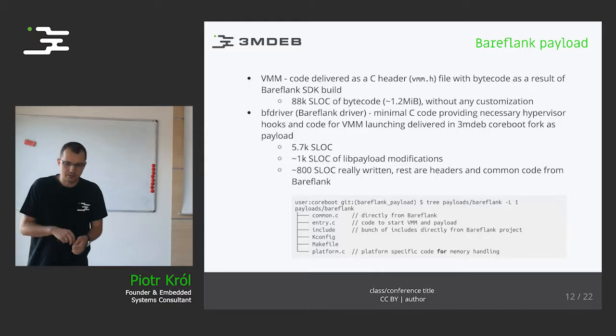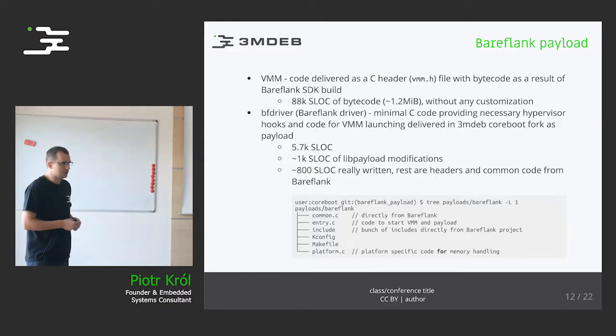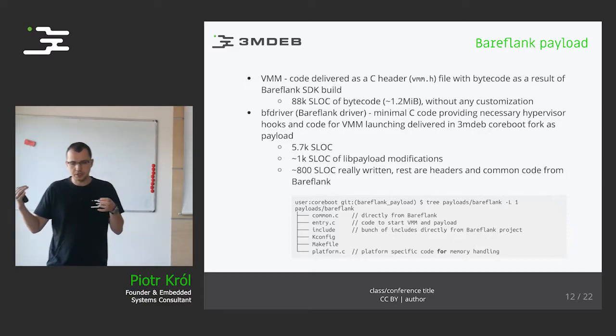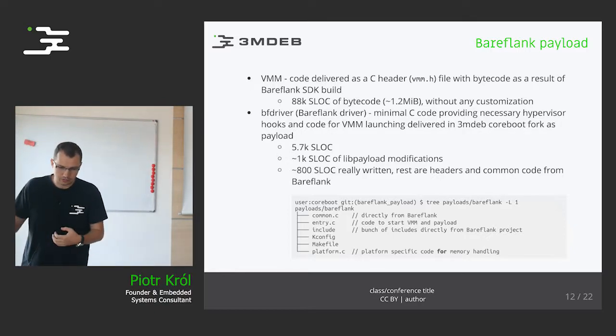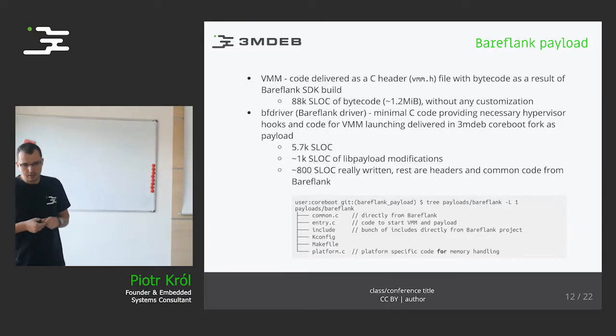It is around 1.2 megabytes, and this is without any customization. If we want to add some sophisticated VM exit handlers, then we also have to think that this size will grow.